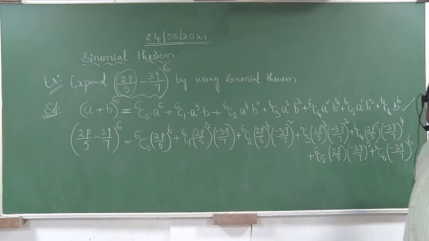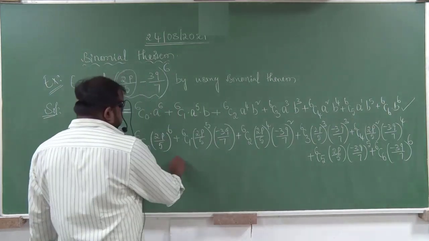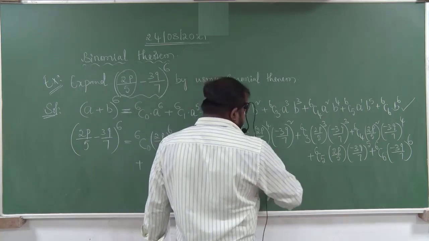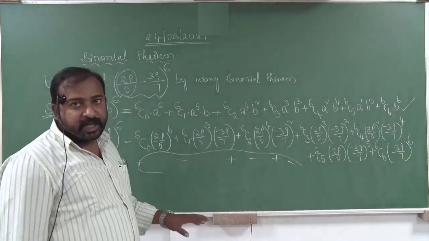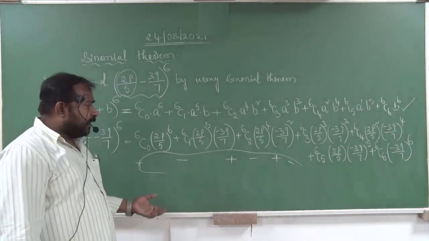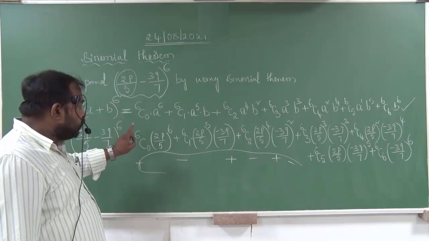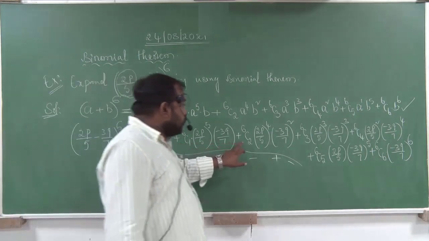If you calculate, here a plus term, next a minus term, next a plus term, next a minus term; like this, alternately plus and minus you will get. If you are interested, you can calculate the values: 6c0 is 1, 6c1 is 6.